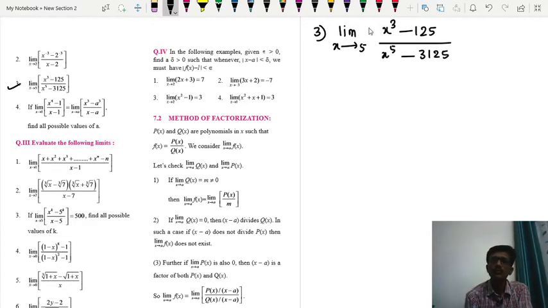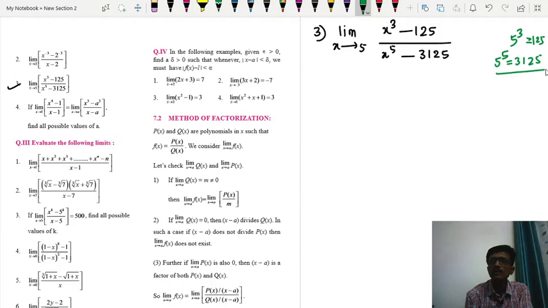First we have to note here that 5 cube is equal to 125, and 5 raised to power 4 is 625, and 5 to the power 5 is 3125.